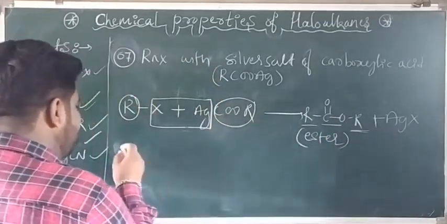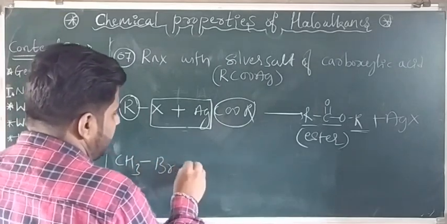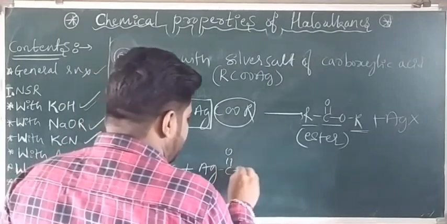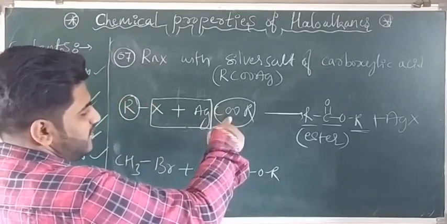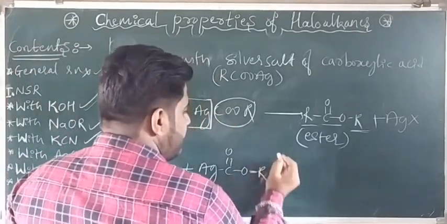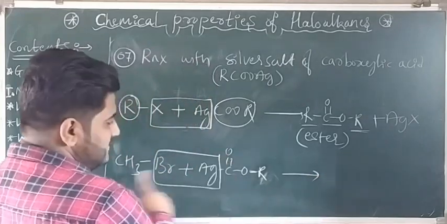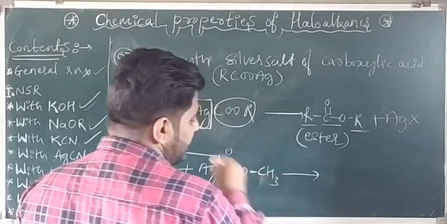So you can take an example, CH3 in place of R. CH3Br here, and Ag, C double bond O, single bond O, R. This is silver salt of carboxylic acid. Sorry, 2 O's only. Right? What you are getting? AgBr is a byproduct. CH3COOR. In place of R, you can take another example as CH3 only.